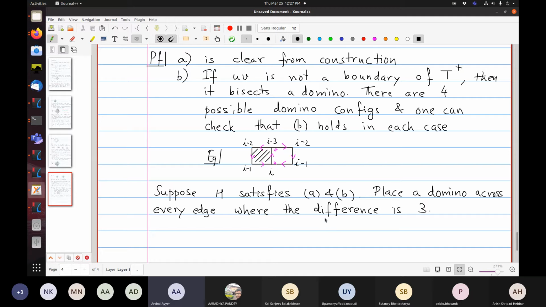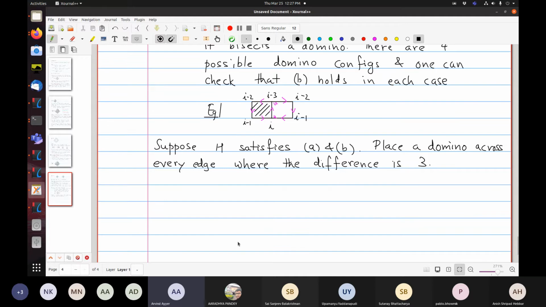Okay, we're just doing the opposite. Now there are some nitty-gritties to check. So check that this is consistent and gives a tiling.